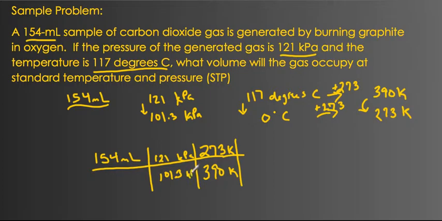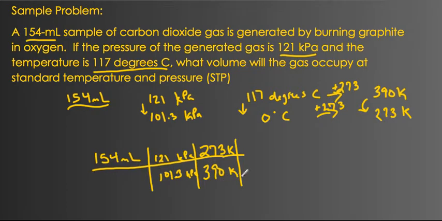So again, I'm dealing with these things independently. I first look at my change in pressure and ask myself, what is that going to do? My pressure is going down, which should make my volume go up, so I set up that ratio so that the 154 goes up. Then I look at temperature. My temperature is going down, so my volume should go down, and I set up this ratio so that the volume goes down.